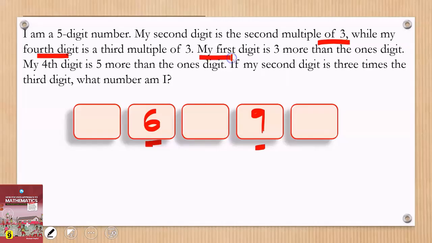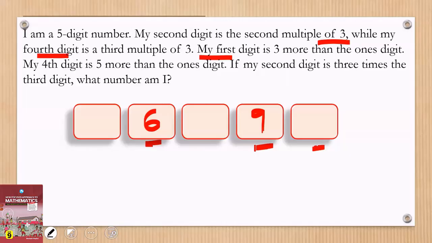Now we come here. My first digit is 3 more than the 1st digit. The question doesn't give me the 1st digit, which is this place. So I can't really tell my third digit. So I can skip that for now. Now my fourth digit, which is making reference to this one, the 9 here, is 5 more than the 1st digit. Oh, okay.